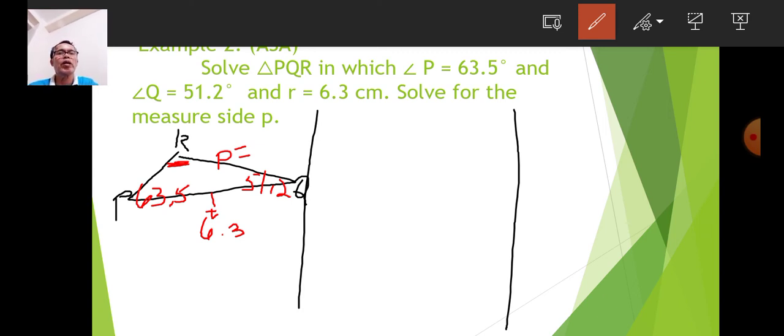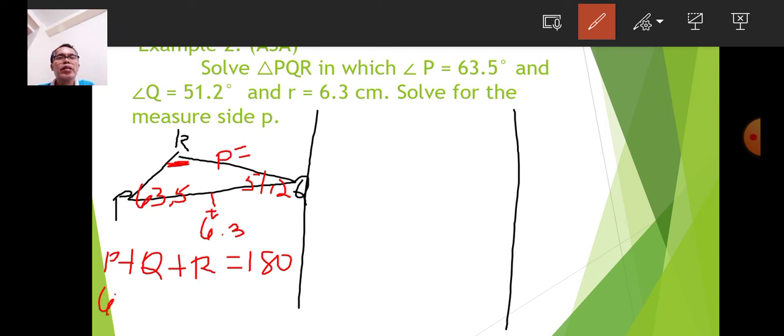So therefore, we are going to add the three angles. So angle P plus angle Q plus angle R must be equal to 180. So angle P is 63.5, so 63.5 plus angle Q is 51.2 plus R must be equal to 180.